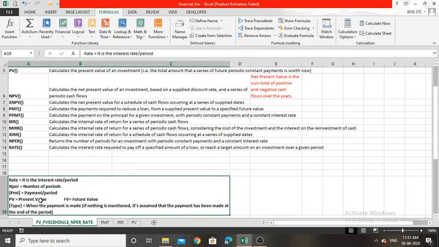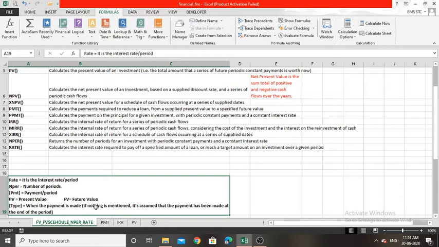PV is the present value, FV is the future value, and there is an argument we usually use named type. Type refers to whether the payment is made at the end of a period or the beginning of a period. That means you might pay at the start of this month or at the end of this month.